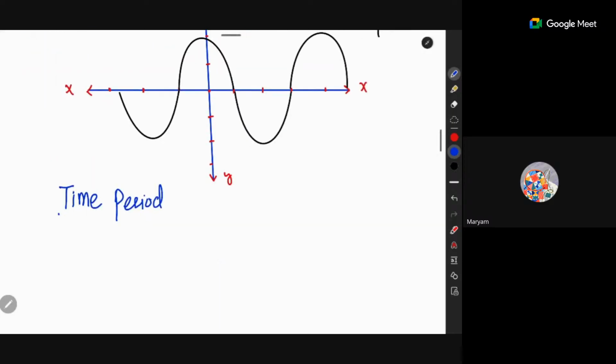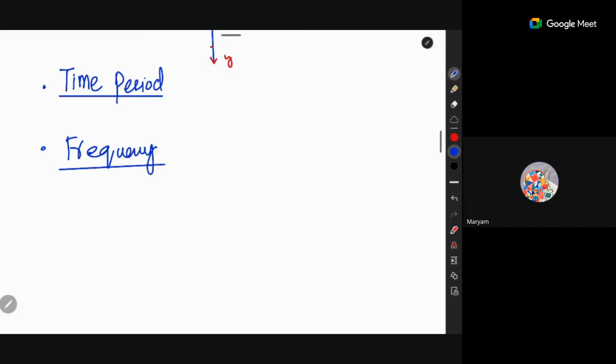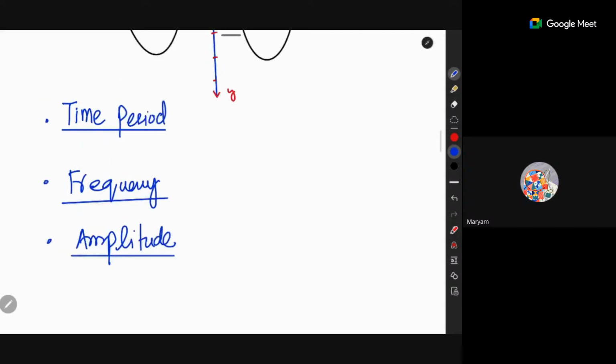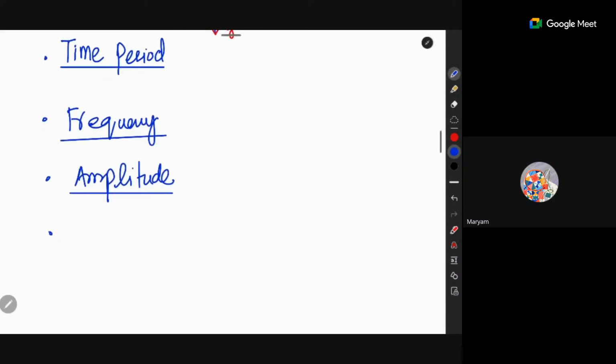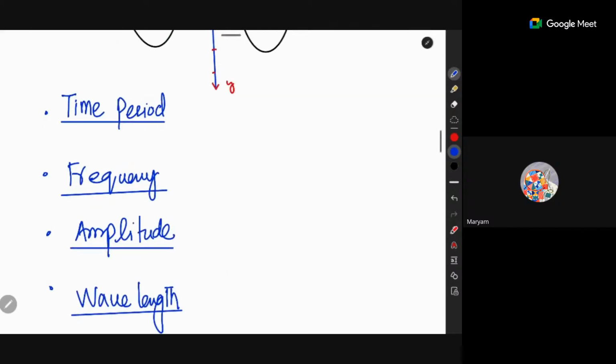A wave can have frequency, a wave can have amplitude, right? So these three points are very important. And one more thing, a wave can have wavelength. Is it? So if we are measuring all these, definitely there will be uncertainty in that.